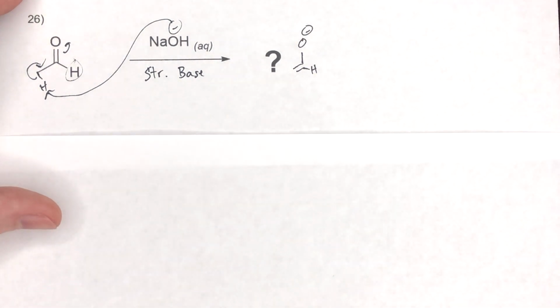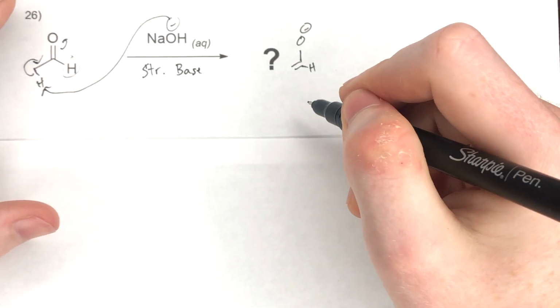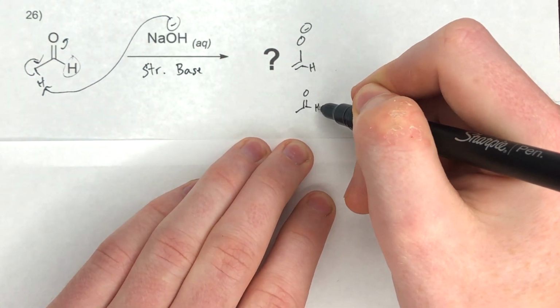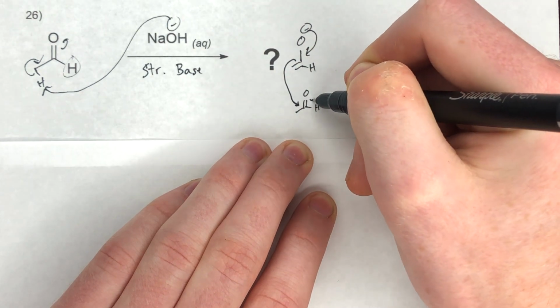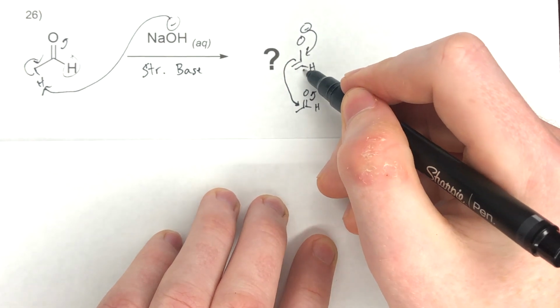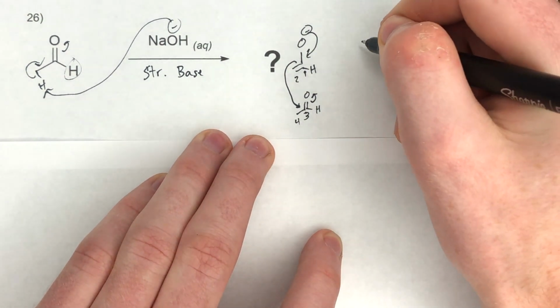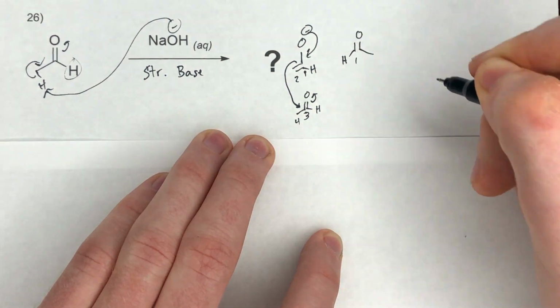Now, just like before, we don't need to specify that we have two molecules that we're going to react with. We can always use another molecule of the same starting material, so that's what's going to happen here. Right, so this enolate will react with another molecule of the starting material as the electrophile now. So again, be careful with your atom counting. So 1, 2, 3, 4. So let's start with 1 there. So this is carbon 1. Now position 2 is here.